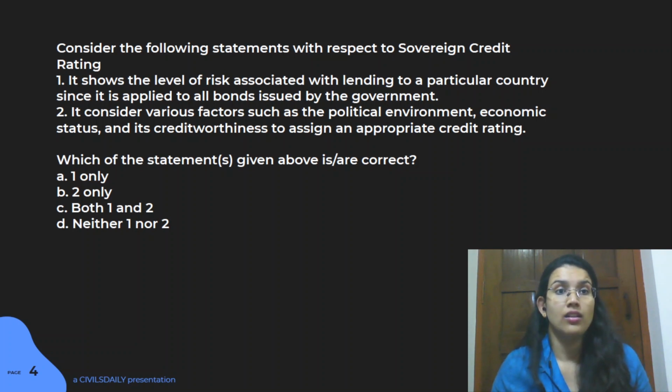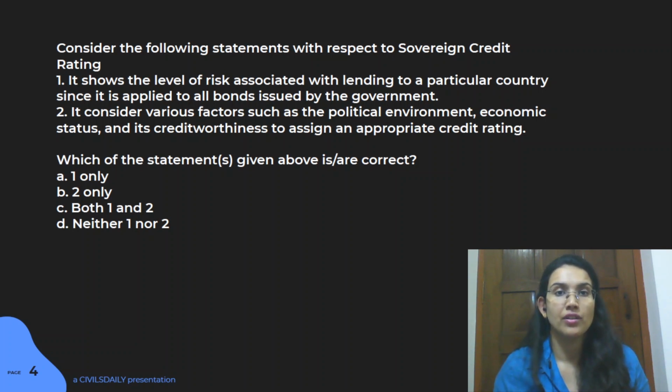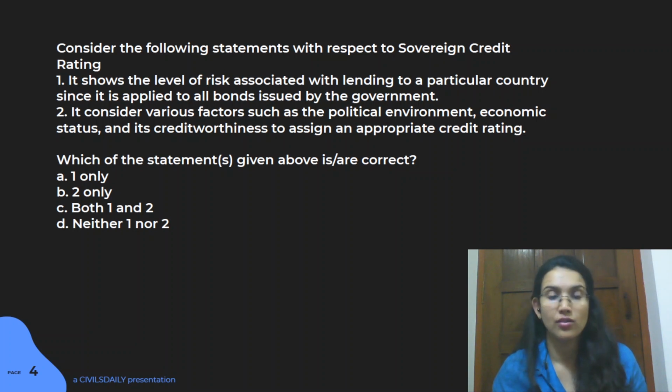So the answer for this question is that both the statements are right. In fact, the idea behind sovereign credit rating is how do we judge the credit worthiness of any country. So that is the first statement, what is the level of risk associated with that particular country.